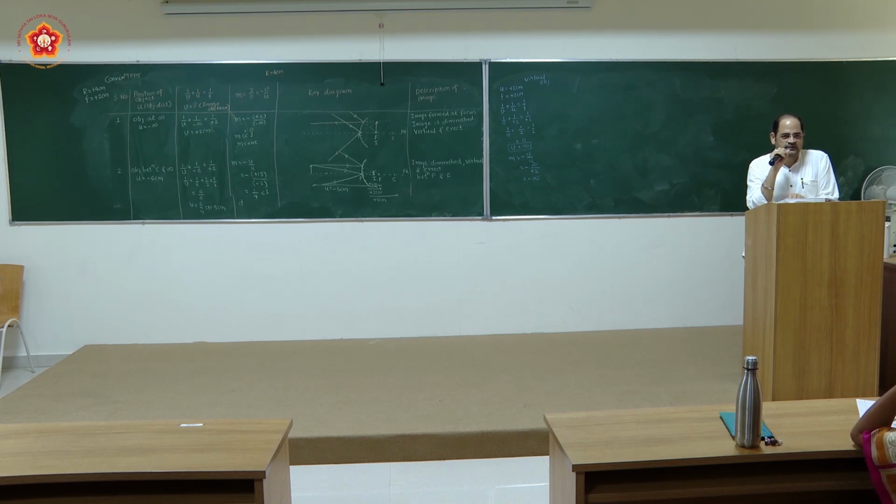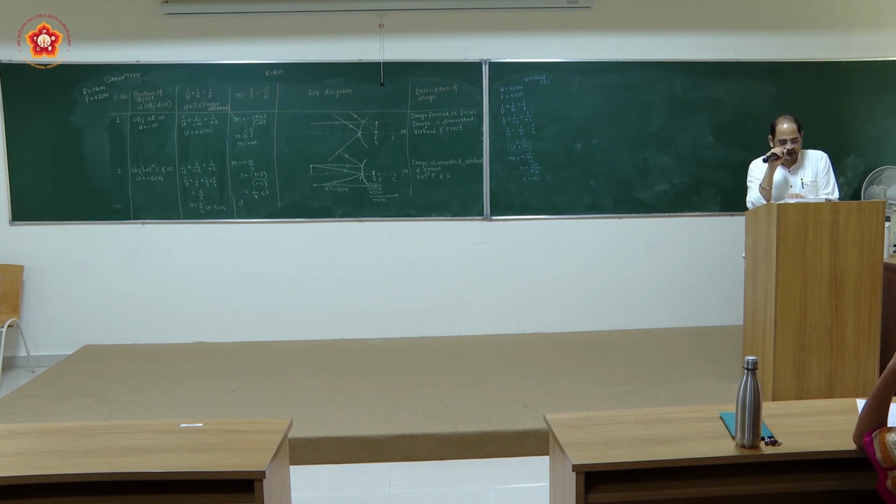Under what condition will it have? When the object is present between the focus and the pole, then you get the erect virtual image, but that will be magnified. I am talking about the size of image equal to size of object. So it will be a plane mirror.